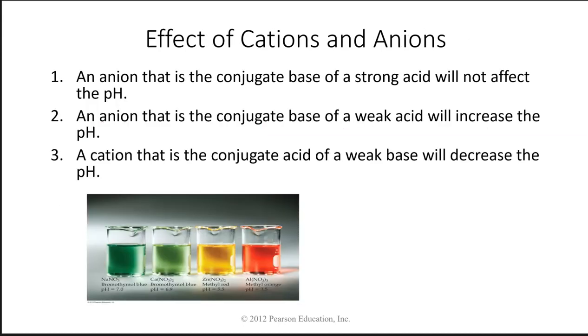So what are the net effects of cations and anions in solution? An anion that is the conjugate base of a strong acid does not affect the pH of solution. An anion that is a conjugate base of a weak acid will increase the pH, making it more basic, more alkaline. A cation that is the conjugate acid of a weak base will make the solution more acidic.